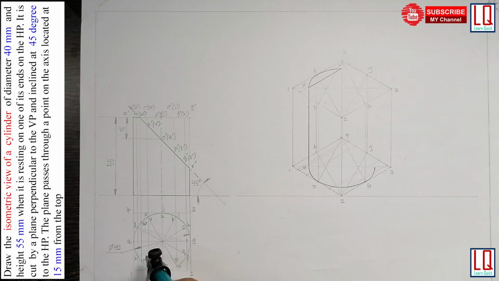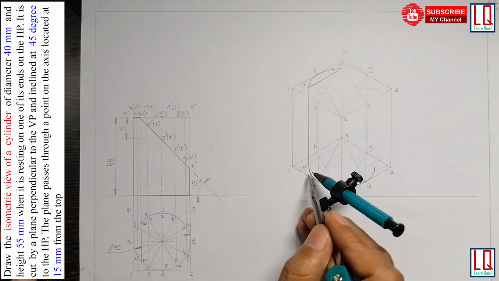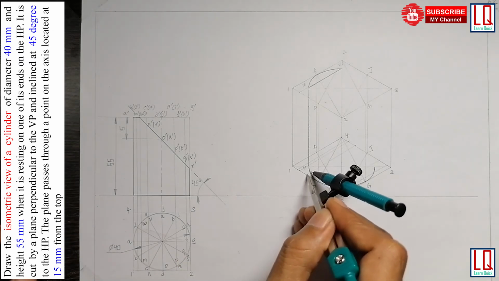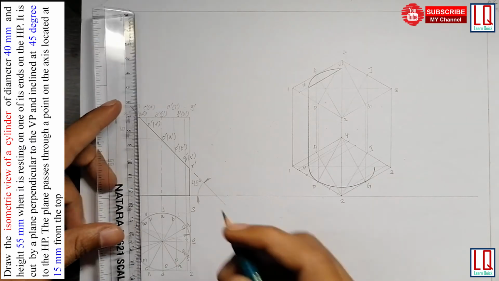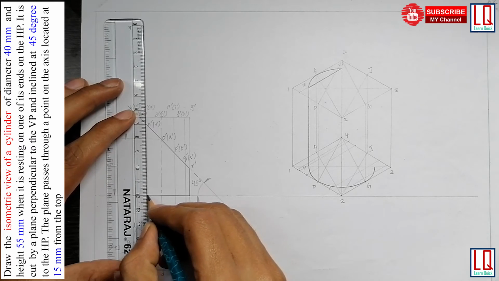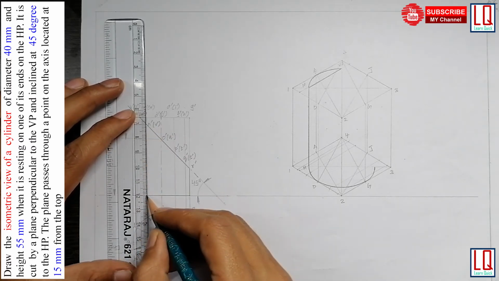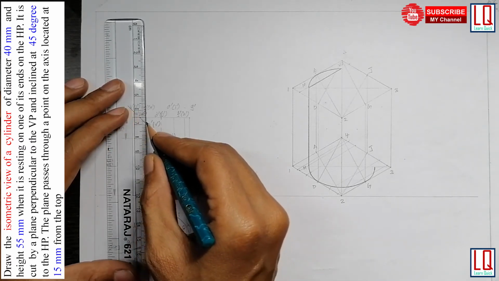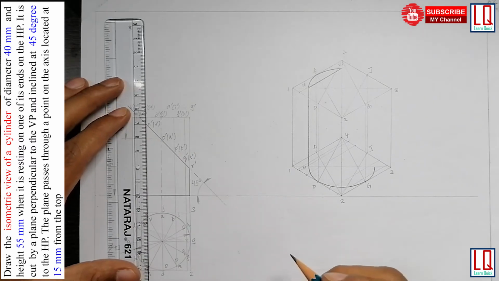So to find point C, from here I measure the distance between the side 1, 2 and C, and I mark here. And now for C, I am seeing what the height is. So it is 50 mm.